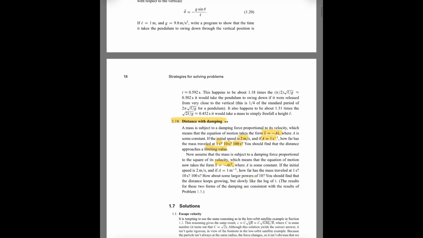If the initial speed is 2 meters per second, and if a is equal to 1 over meters, how far has the mass traveled at 1 second, 10 seconds, 100 seconds? How about for some larger powers of 10? You should find that the distance keeps growing, but slowly, like the log of t. The results for these two forms of the damping are consistent with the results of problem 1.5.